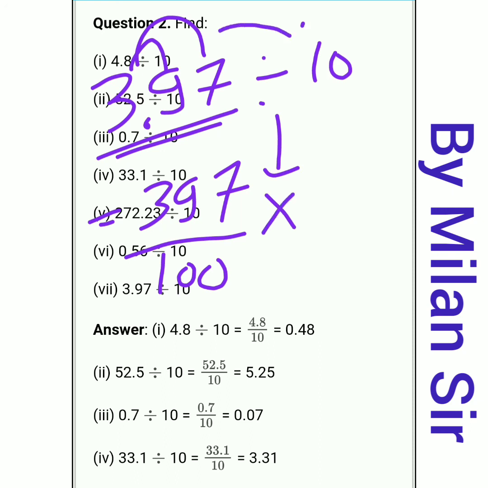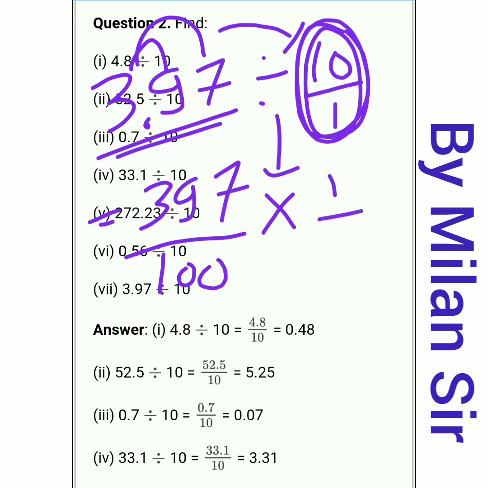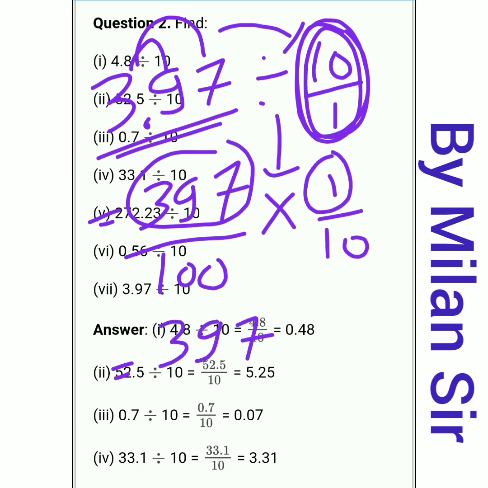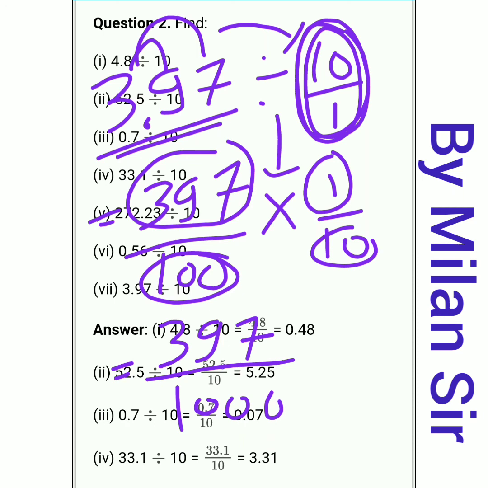Here we have 10, nothing is present in the denominator, so we can write 1. Now we take the reciprocal of 10 by 1, it is 1 by 10. Now in the numerator 397 multiply 1 is 397, divided by 100 into 10, it is 1000.